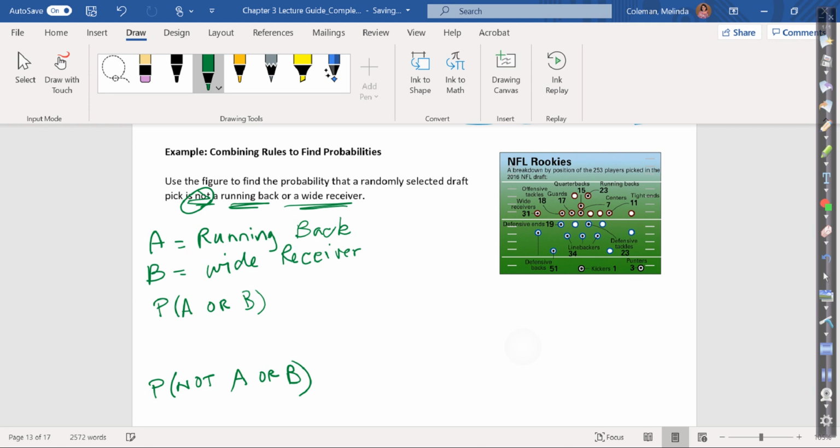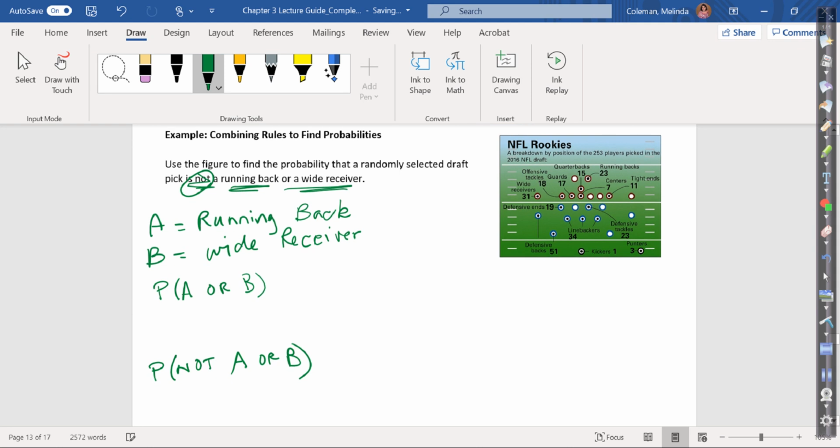But remember, sometimes it's easier to find the probability of what is versus the probability of what is not. So let's find the probability of what is first. So that would be the probability of A plus the probability of B minus the probability of A and B.